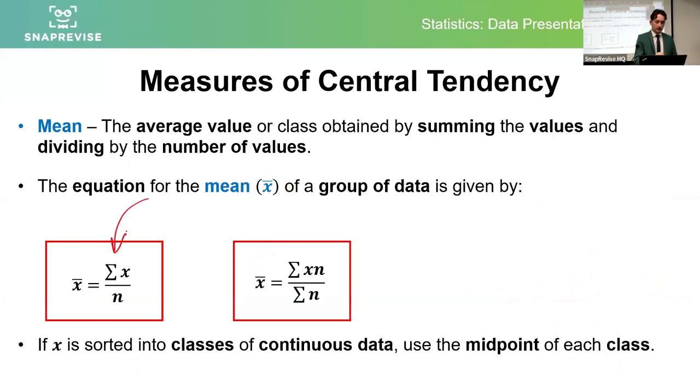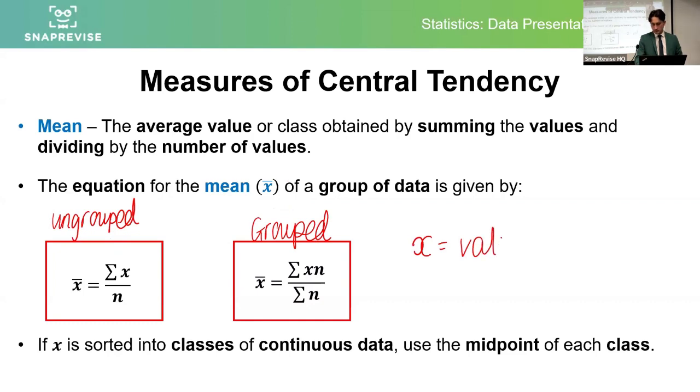This is the sample mean, which is the sum of all the values divided by how many you have. And this is for ungrouped raw data. And then this is for grouped data. Okay, x being the value of the class or the item, and n is the number in the class.